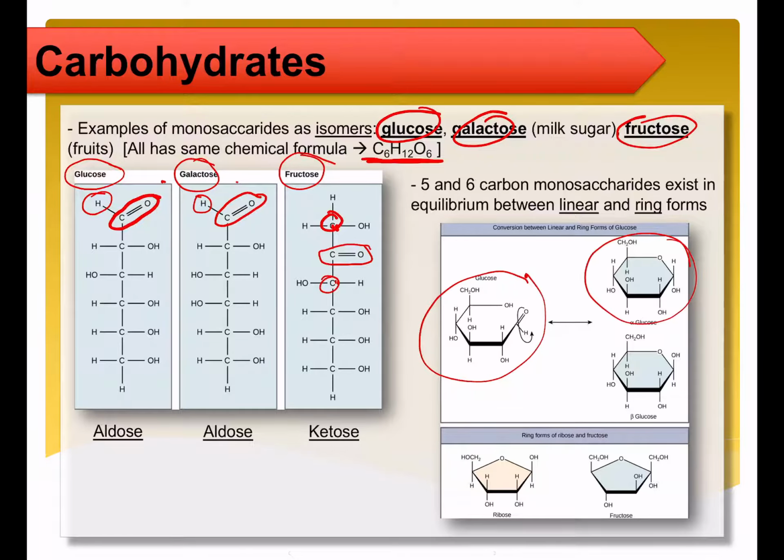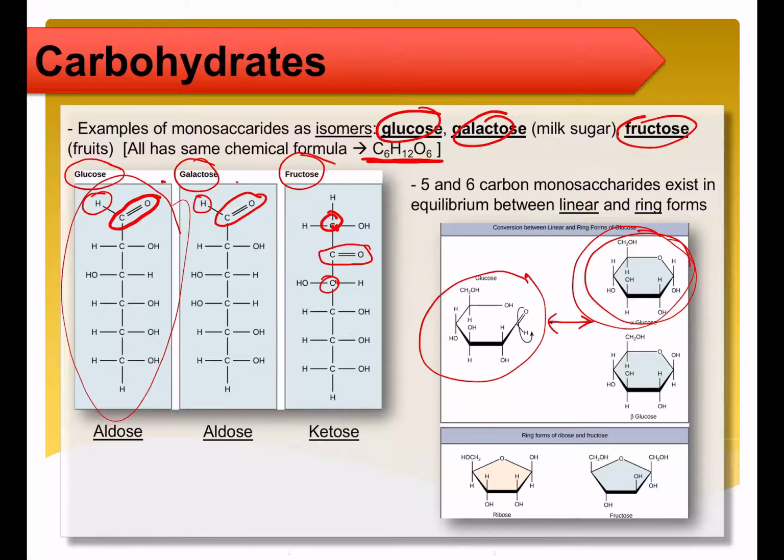Okay, so whether this representation of glucose or this representation of glucose right here, they're still the same thing, because technically speaking, from a chemical standpoint, it is an equilibrium where there should exist both forms of the molecule. Okay, but we're not going to dive too deep into that realm of chemistry.